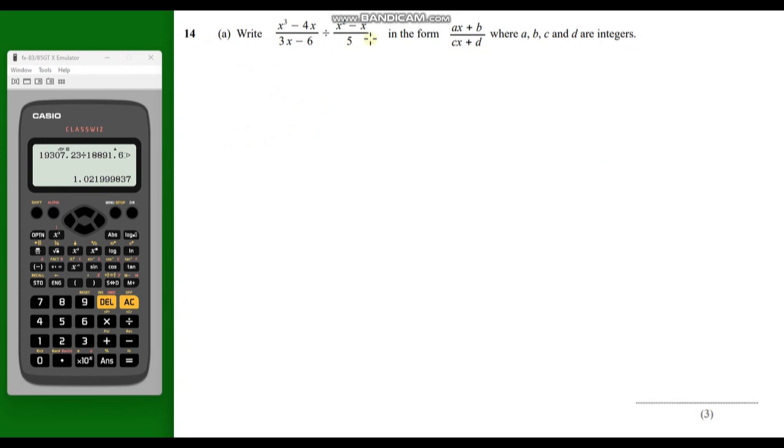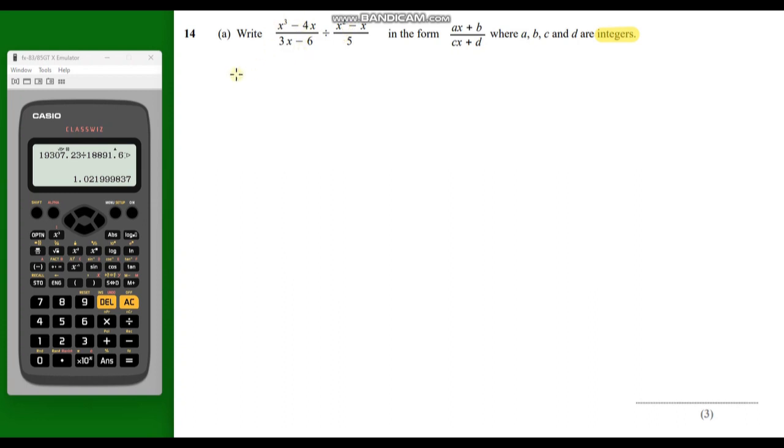Question 14. Write this calculation in the form of this fraction where a, b, c and d are integers. Now, whenever I see fractions being divided, I always think about the keep, flip, change rule. So instead of dividing by a fraction, that's exactly the same as multiplying by the reciprocal of this fraction. So KFC basically stands for keep, flip, change.